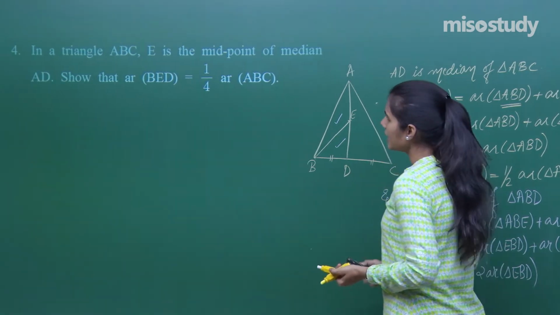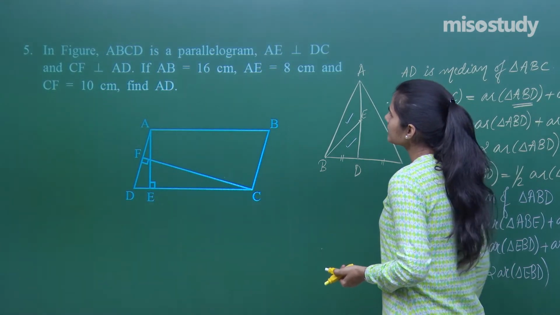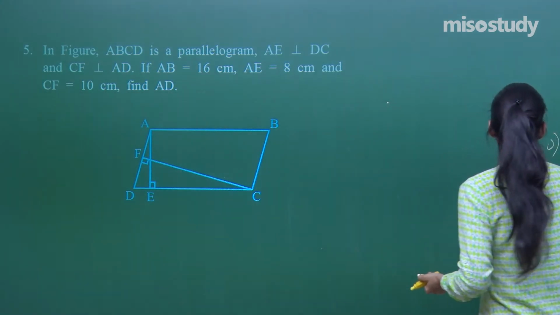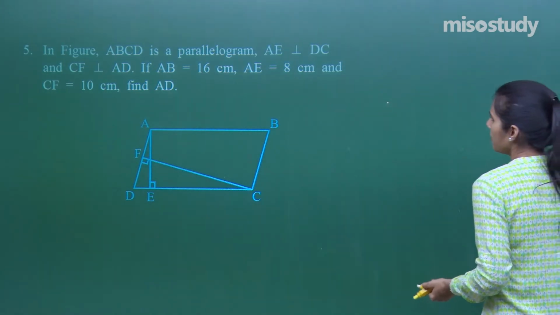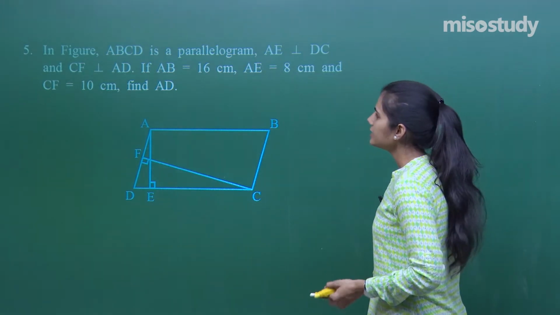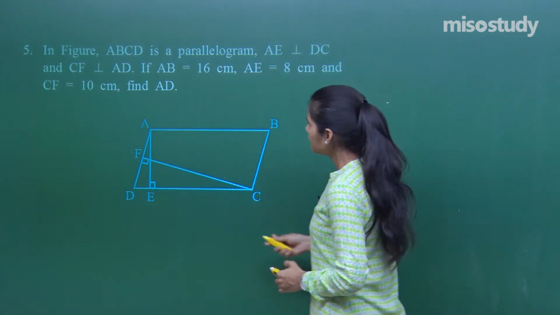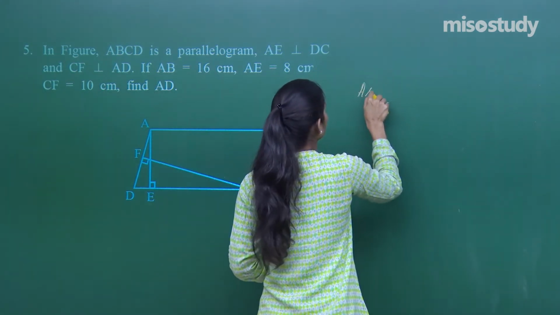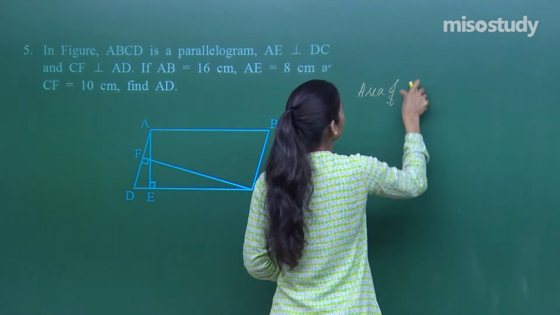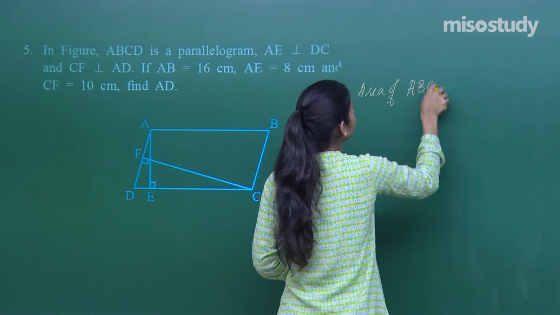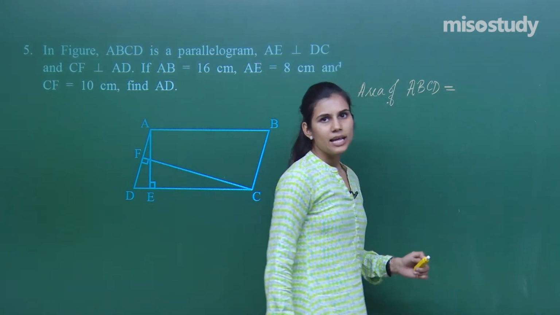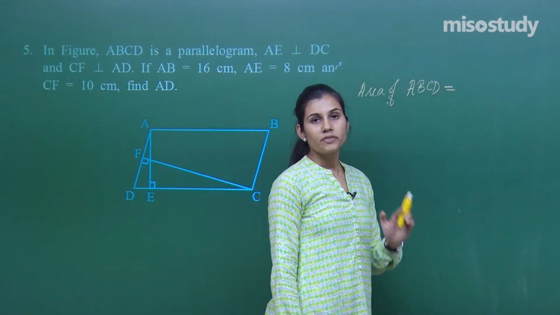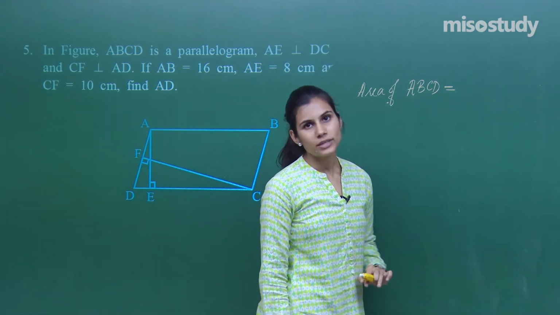Next question says that in this figure ABCD is a parallelogram, AE is perpendicular to CD, CF is perpendicular to AD. Measurements are given of AB, AE and CF, find AD. If it is given to you that ABCD is a parallelogram, I know area of parallelogram ABCD is length of a base multiplied by the length of the altitude corresponding to that base.